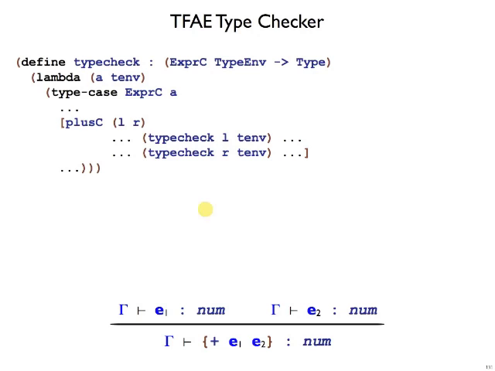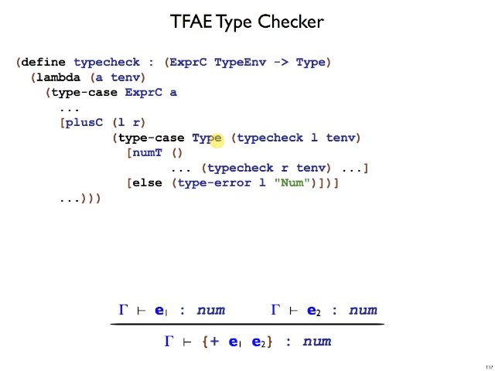And now let's look more at our type rule again. These recursive calls are shown here, where what this says is we expect that we get a num back. We need to make sure that we get number types for both the left and the right expression. So we can do that with the type case using type on the result of type check. As long as the left expression produces number type, we're in good shape. Otherwise, we'll use a type error function and complain that L doesn't have type num.